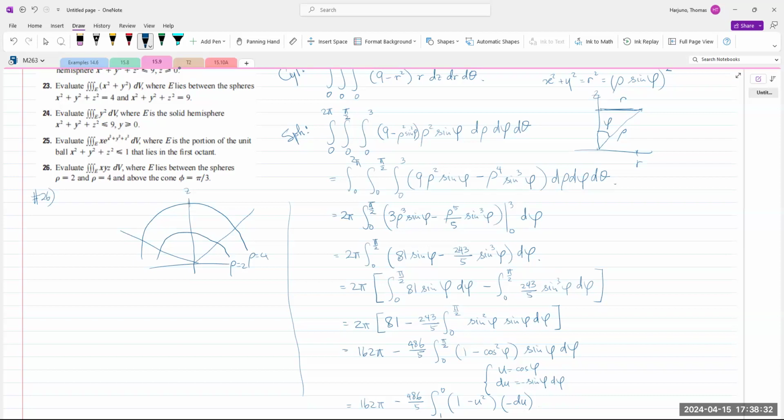Okay, so the triple integral over solid E of xyz dV now becomes the integral from 0 to 2 pi for d theta. The phi will be from 0 to pi over 3 d phi, and rho will be from 2 to 4 d rho. This is phi here.